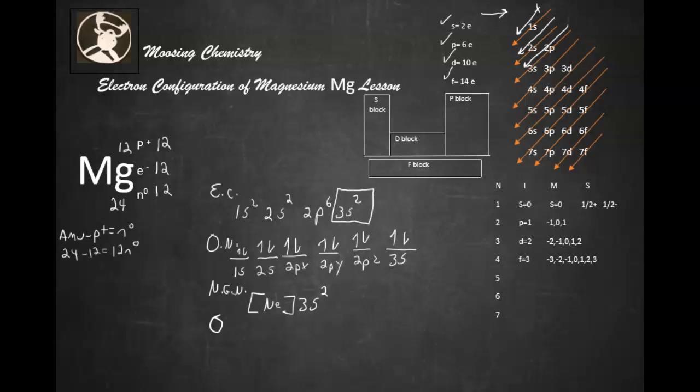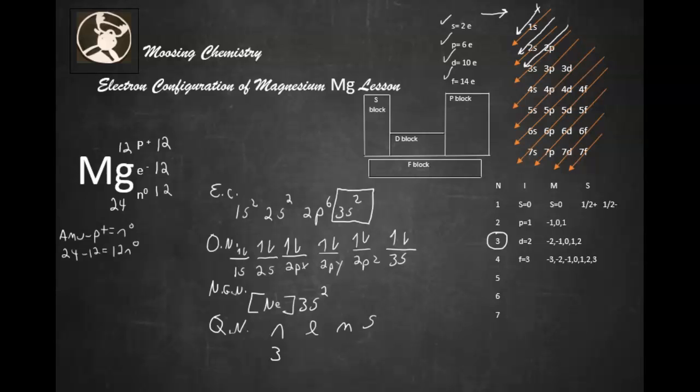So now let's look at our quantum notation. Remember, we have 4 quantum numbers: N, L, M, and S. Looking at a periodic table, you will see that magnesium is in the 3rd energy level, the 3rd period. So N goes 3 there.